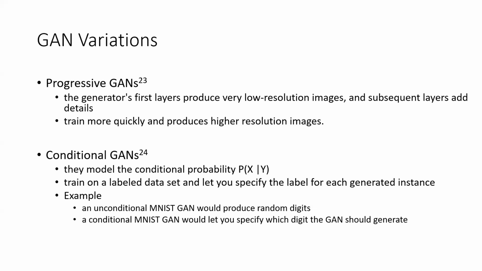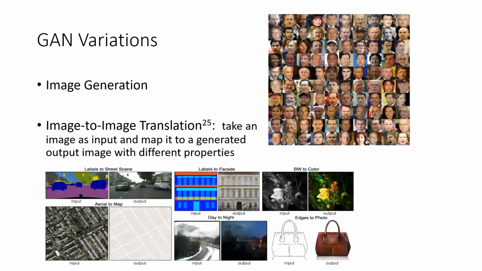If we train a conditional GAN, we can constrain it to learn images of a specific family. In the case of digits, it could learn specific digits. We could actually use it to generate specific digits. Okay.